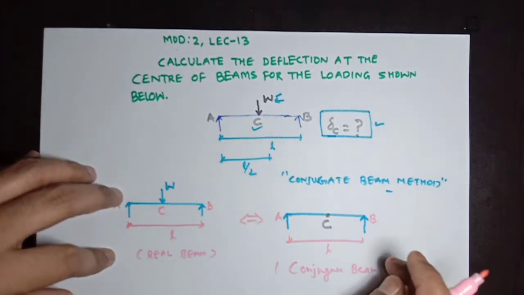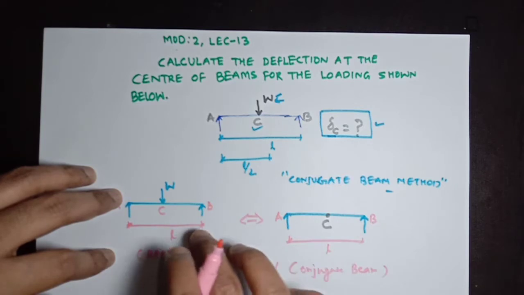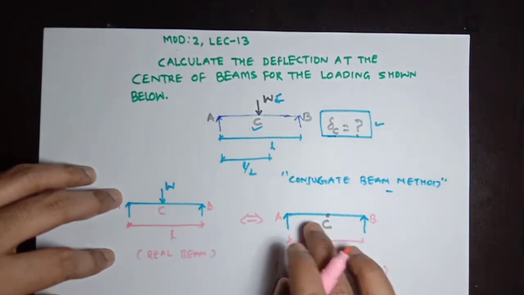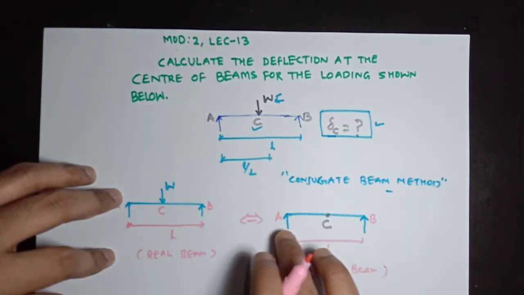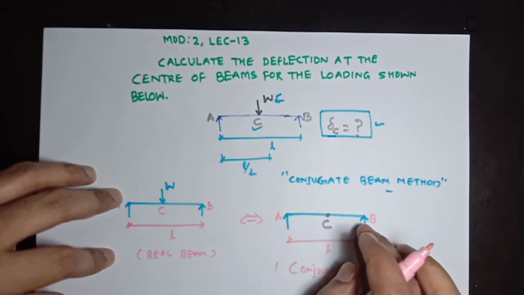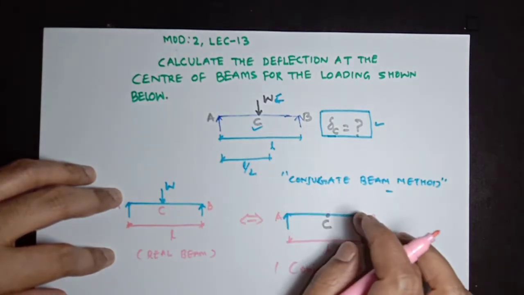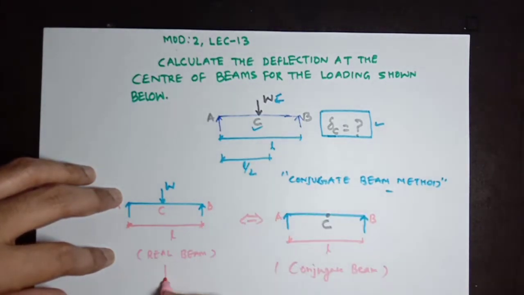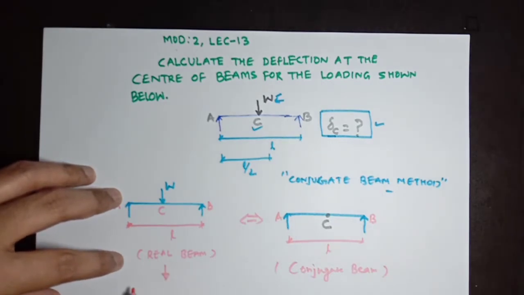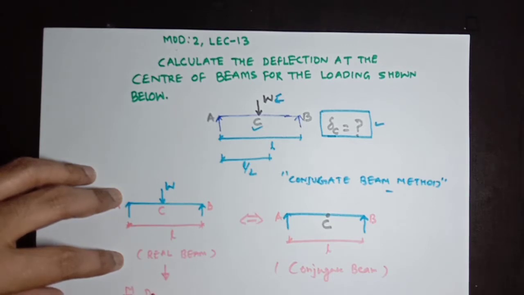So as of now I have formed a conjugate beam of this real beam, but we cannot find the bending moment at center of this beam because we are not having a loading diagram for this conjugate beam. So in order to find a loading diagram for this, we need to draw a M over EI diagram of this real beam.